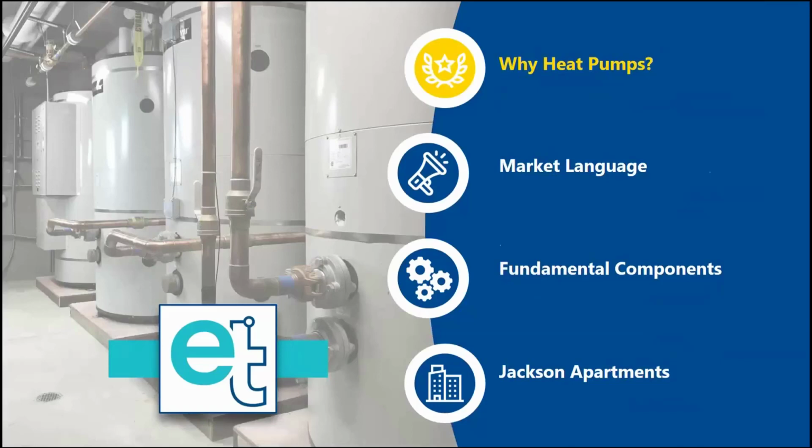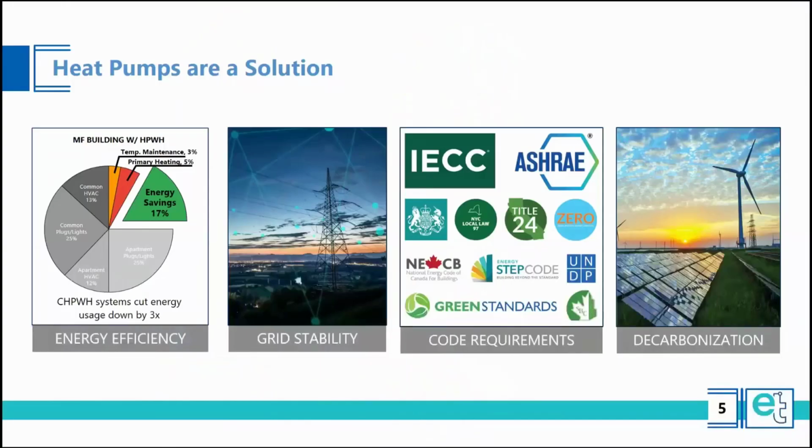Bonneville began this journey quite some time ago, and we looked at it as an opportunity to identify some technologies in an area where we were really lacking. For multifamily buildings, space and water heating take up the majority of the load.